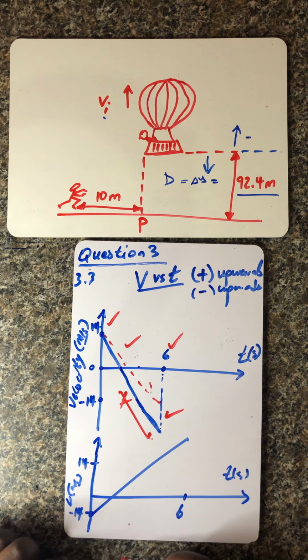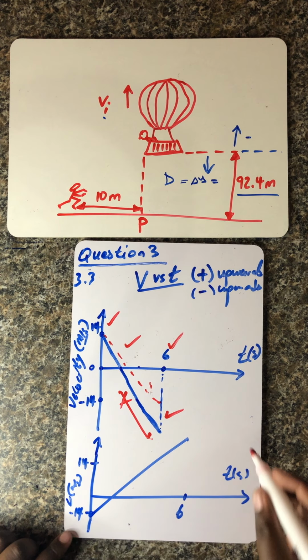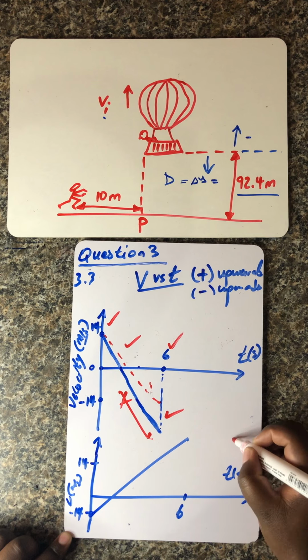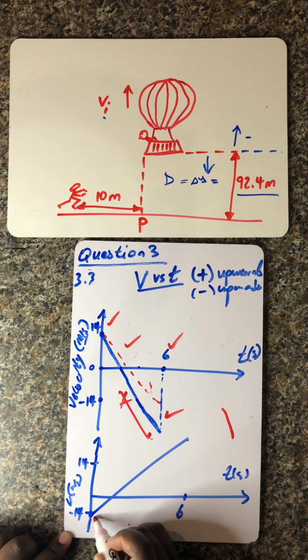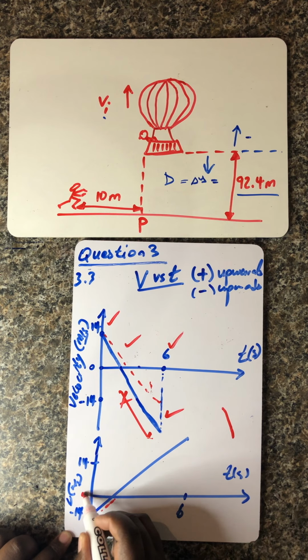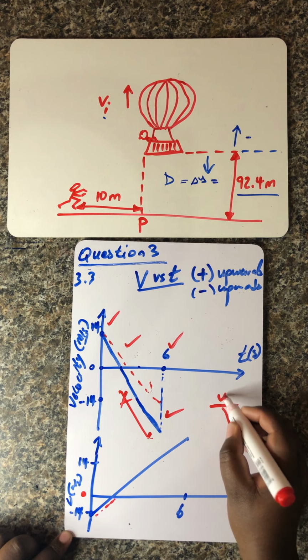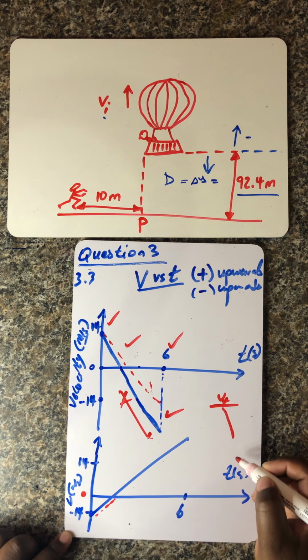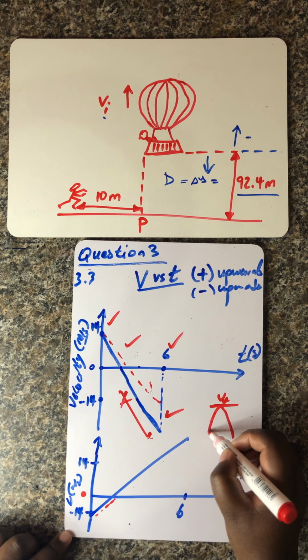Let's just quickly try to interpret this graph, ladies and gentlemen. As that object goes up, its velocity decreases. Can you see? Its velocity is decreasing until it's 0, which is the point where it reaches its maximum height, and then from there it starts going down.